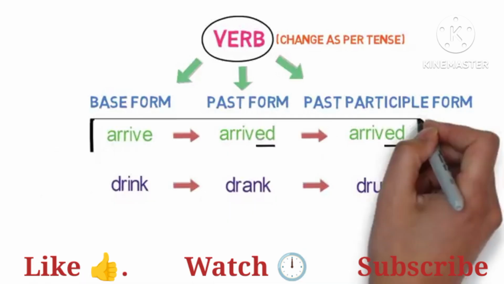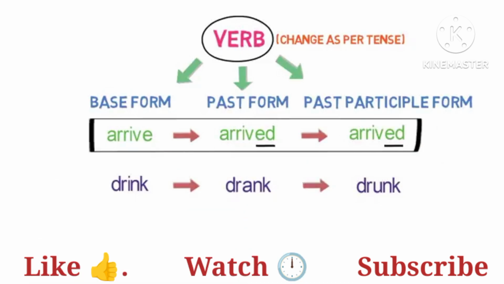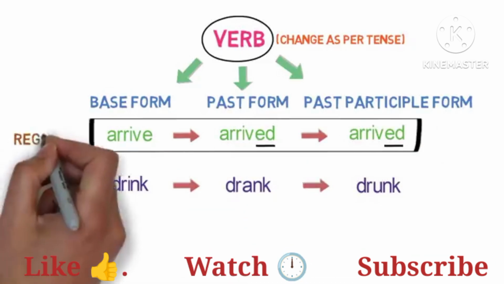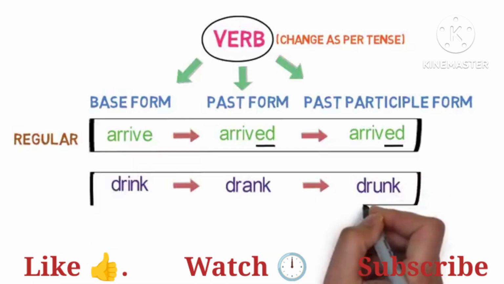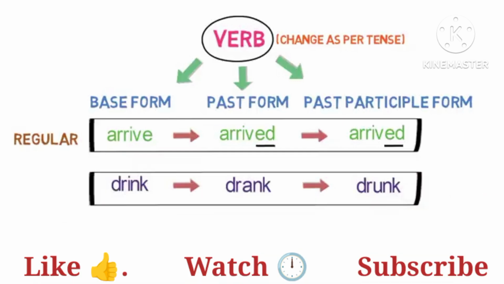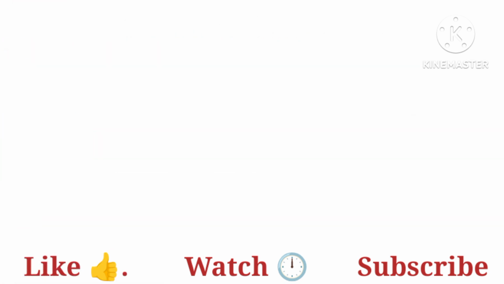So the verb which is following a pattern for conversion from present to past and past to past participle is a regular verb, and the verb which is not following any pattern for conversion from present to past and past to past participle form is an irregular verb. Let's redefine them.